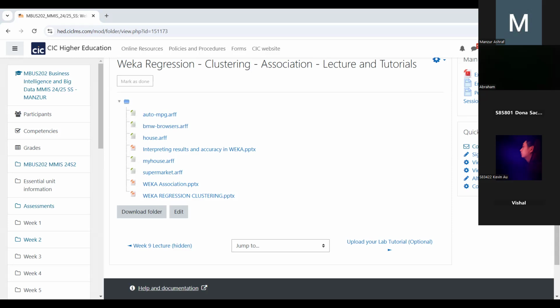These three files, analyze and run regression, take a screenshot, and discuss, right, in a doc file and upload.